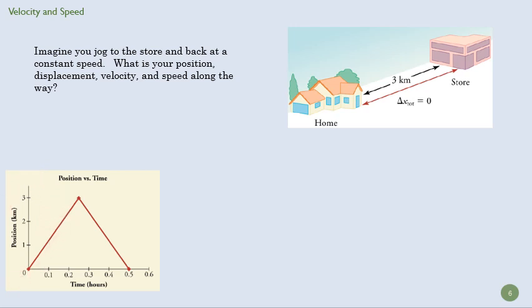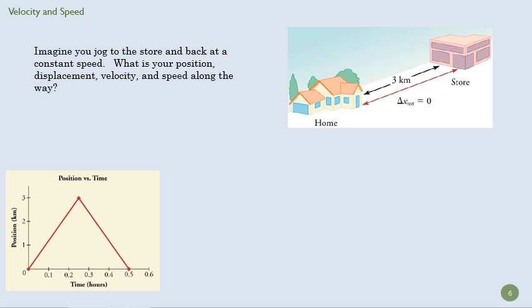You can say, okay, I start at x equals 0, right? I'm going to move over the course of time to x equals 3, in the positive direction. And then I'm going to move back, so I'm going to get back to x equals 0, to be back home. And then we plot the length of time it takes us to get there.